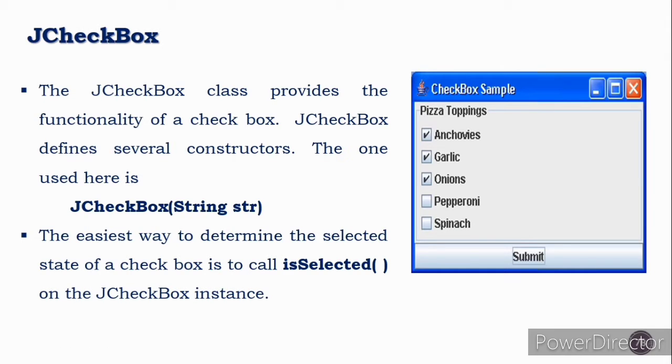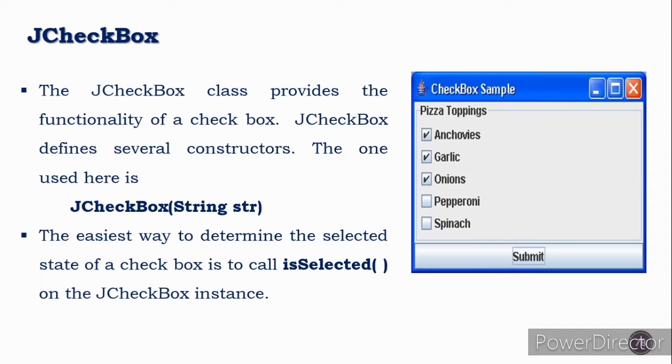What string argument will we pass here? It is what will be displayed for this checkbox. Suppose this onions checkbox is there: in the string argument we need to pass onions, so it will display onions with a checkbox.